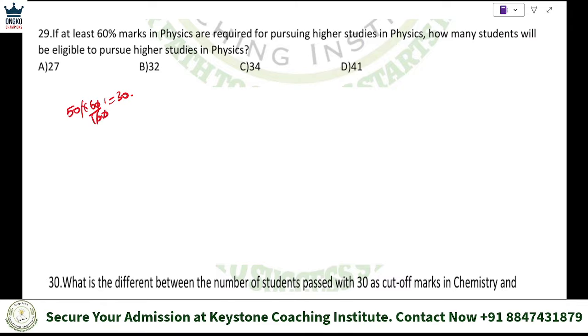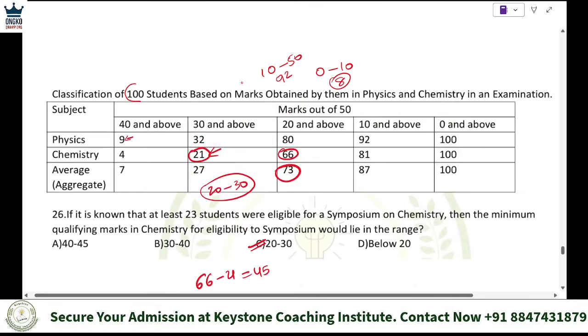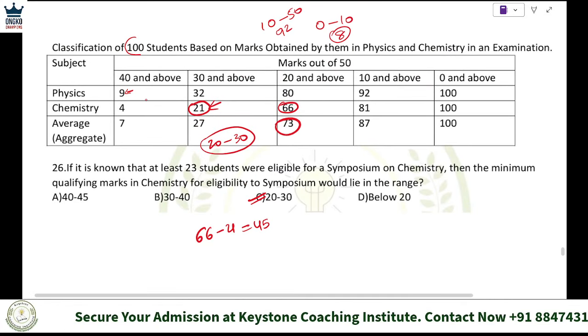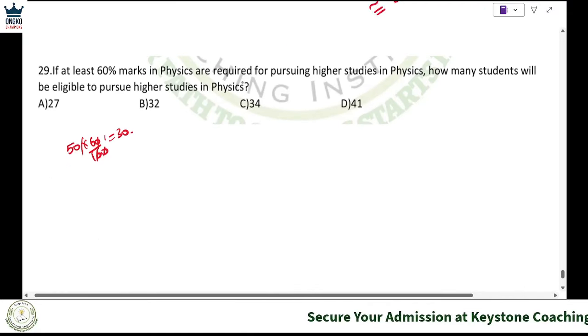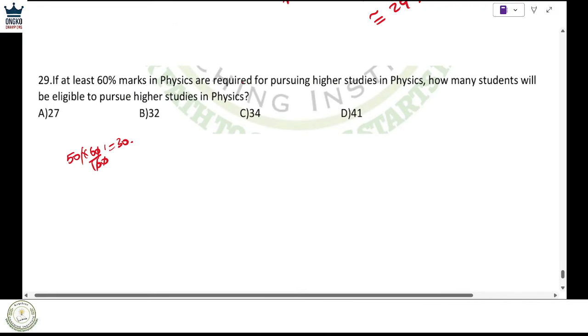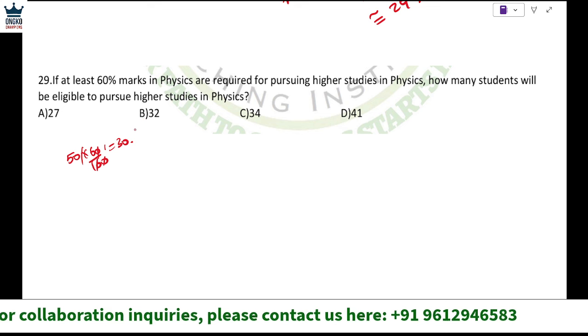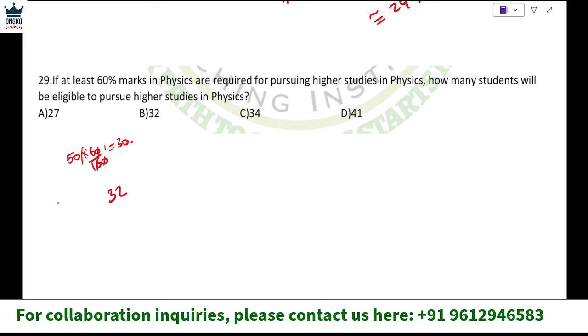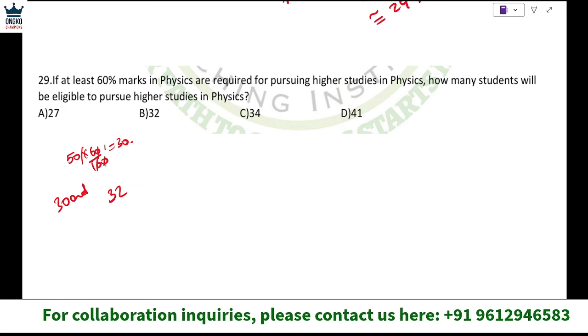How many have 30 and above in physics? We have 32. So let's write this as 32. How many students will be eligible to pursue higher studies in physics? Minimum 30 is needed because 60% of 50 is 30, so 30 and above.